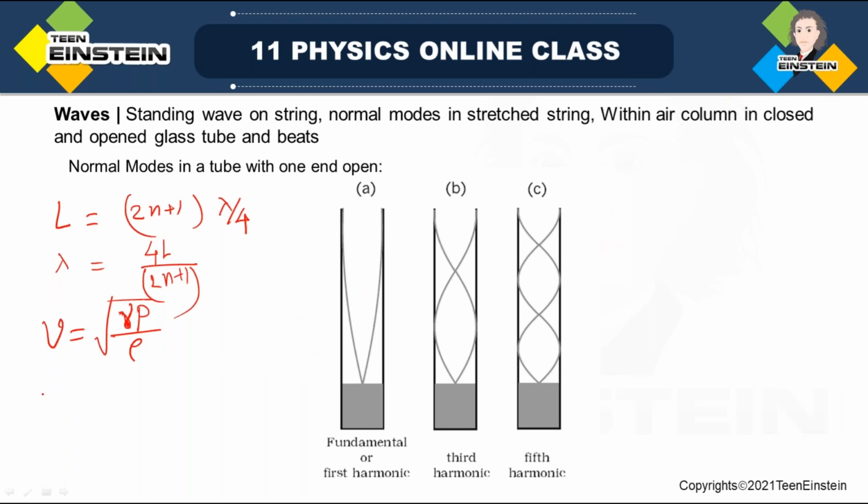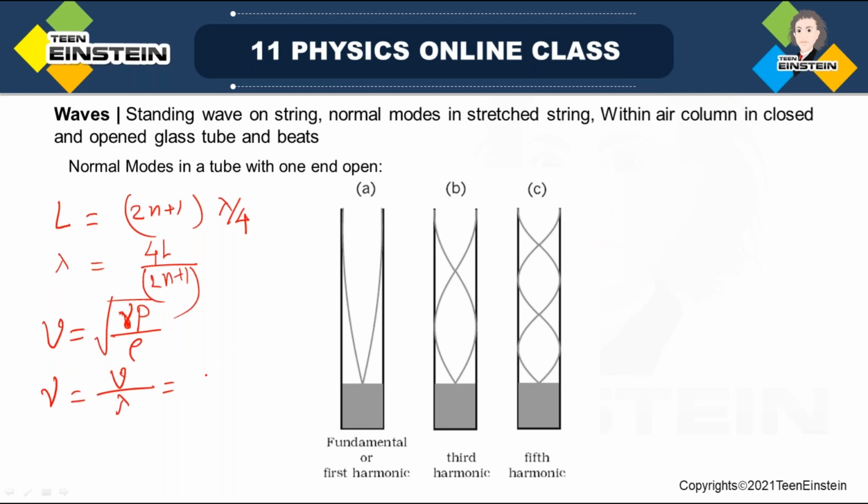Expression for the frequency: we know frequency will be V, the speed, by lambda. So we have got the expression for the speed, and lambda is actually 4L by (2n plus 1), so lambda is in the denominator.